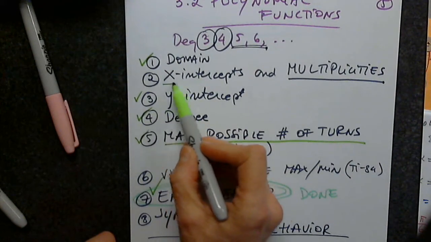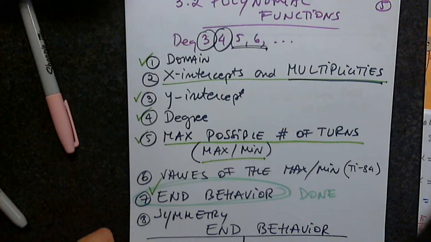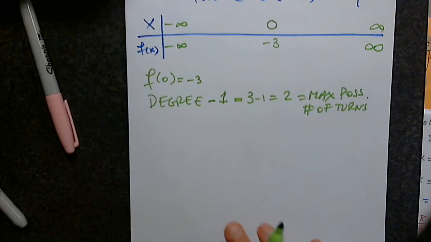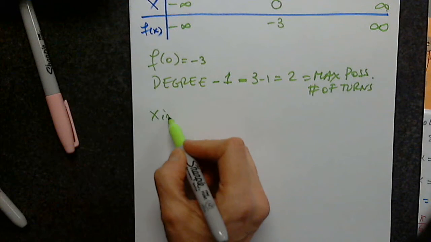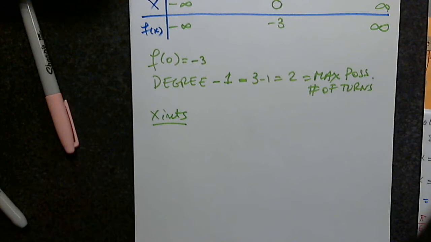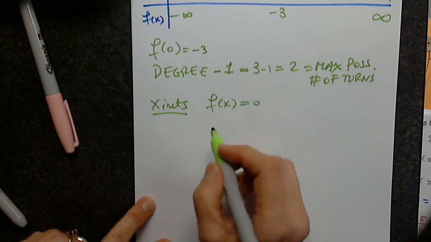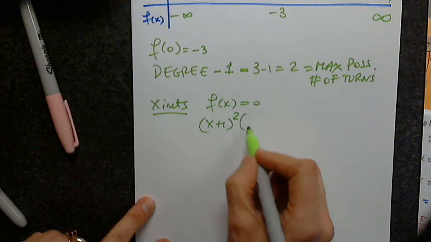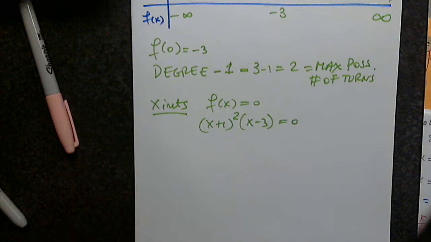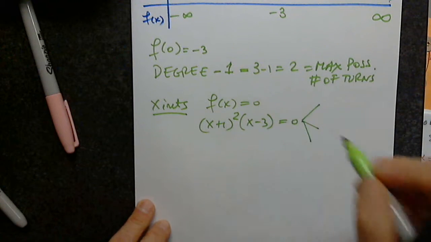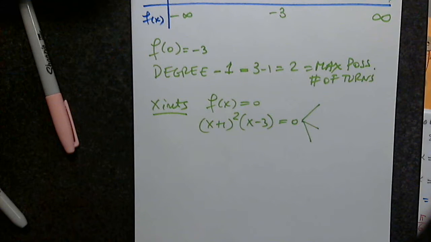The last thing I have is X-intercepts and their multiplicities. How do I get the X-intercepts? Very good, awesome. So I have f of x equals 0. So then I have x plus 1 squared times x minus 3 equals 0. Since you told me that the degree is 3, how many solutions do I have to show? Mandatory 3. Very good. So 1, 2, 3. Can anyone give us the solutions? That's why I picked a problem that was already factored.